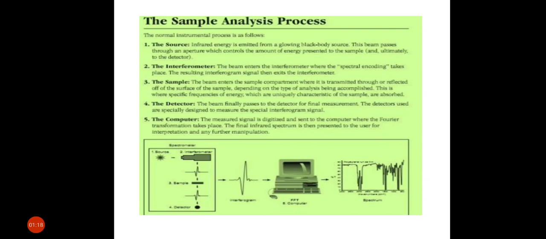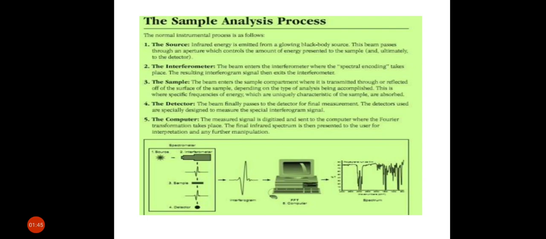Basically what we do: first, whatever sample we want to analyze may be in the form of solid, liquid, or gas. So first we prepare the sample and put it in the IR spectrometer.